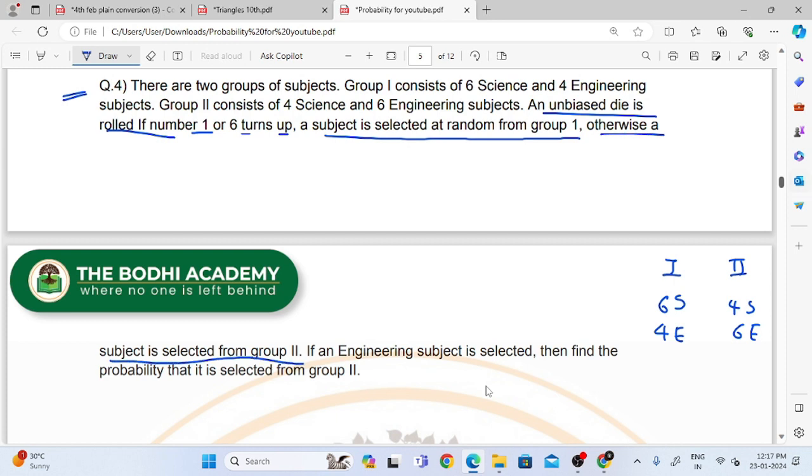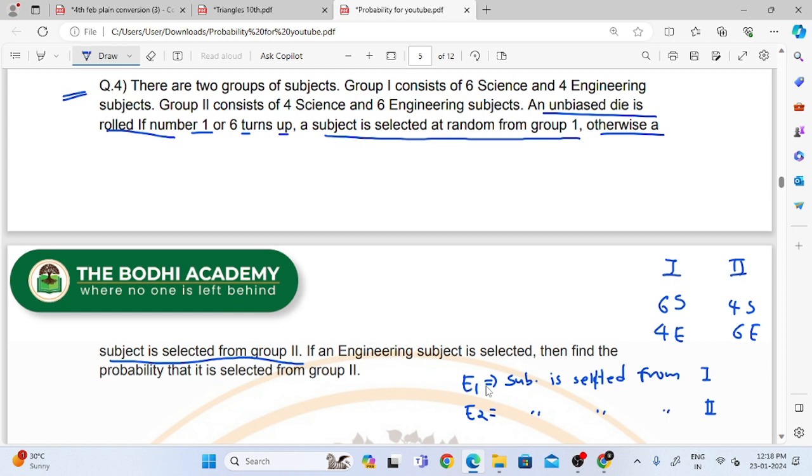This question is on Bayes theorem. Okay, so let's define event E1, that is, the subject is selected from group 1, and E2 is the subject is selected from group 2.